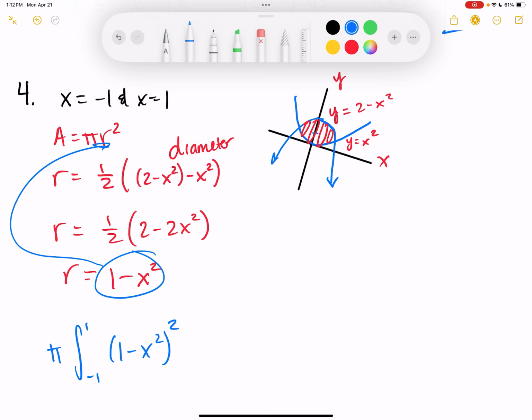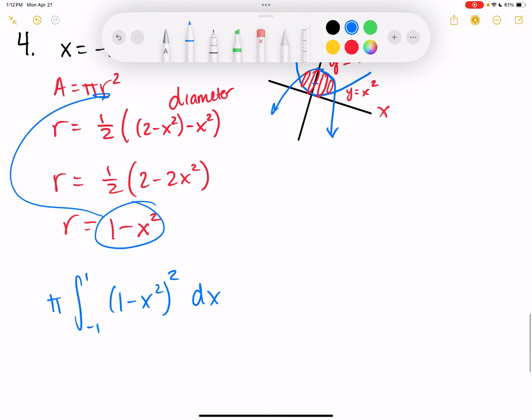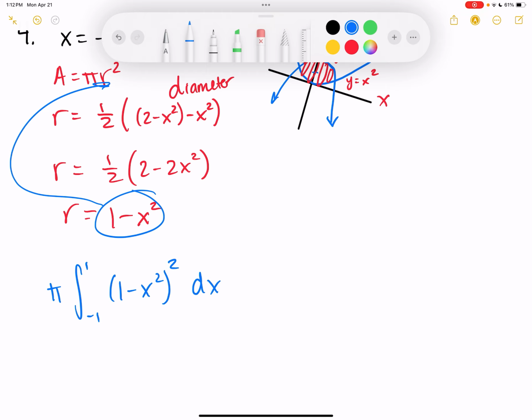So I have pi out here, and then r squared is this, dx, just for Josh.